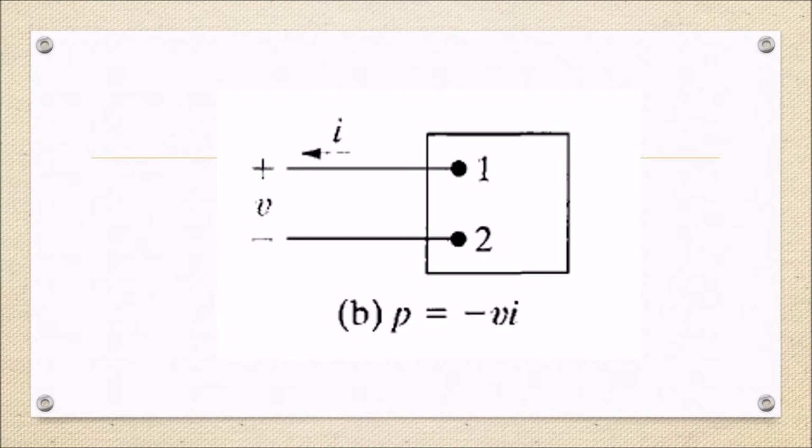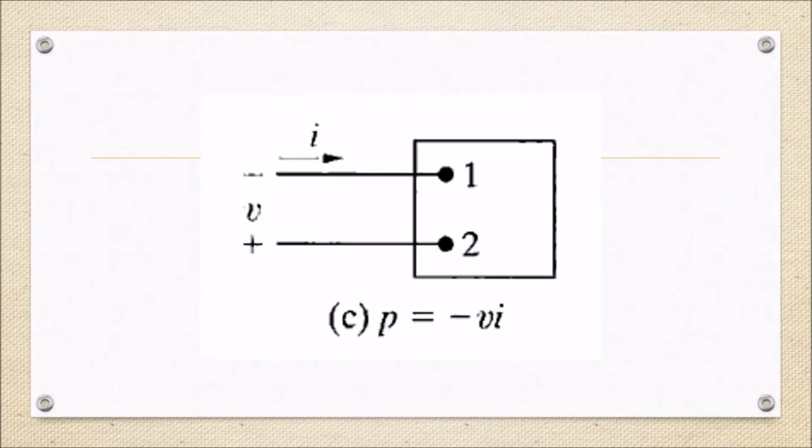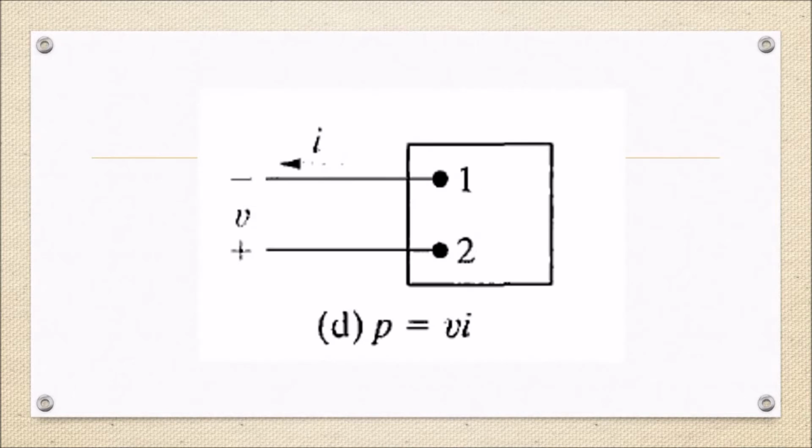So the power is negative. In C, there is a voltage rise from terminal 1 to terminal 2, so it is negative. And in D, negative charge is flowing from terminal 2 to terminal 1, so the value is positive.